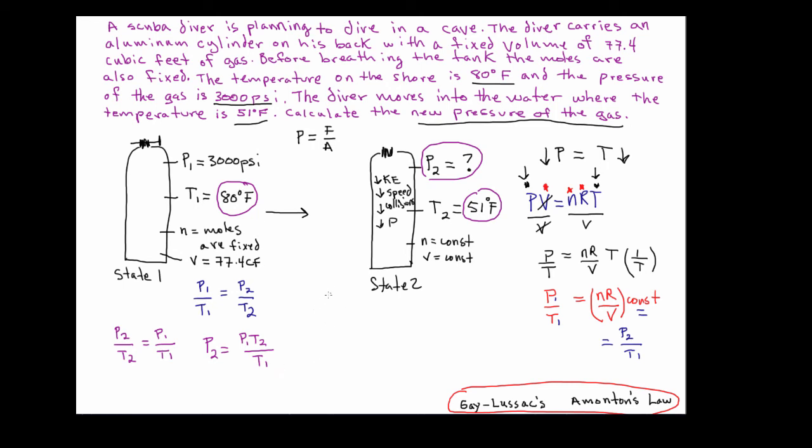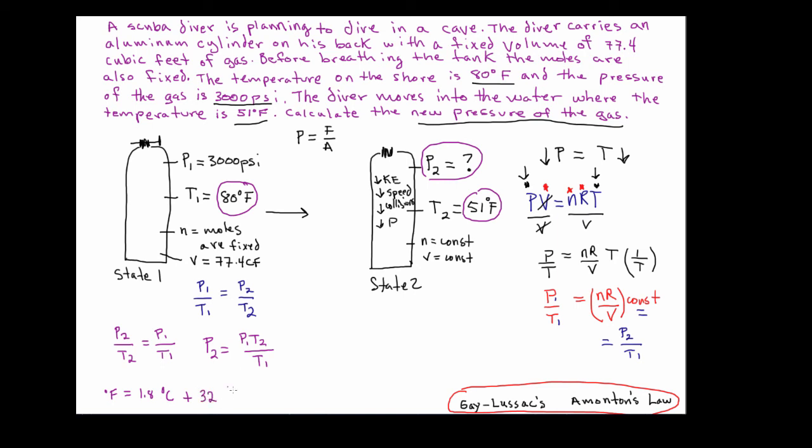The basic relationship we need to go from Fahrenheit to degrees centigrade is the following. Degrees Fahrenheit is equal to 1.8 times the degrees centigrade plus 32.